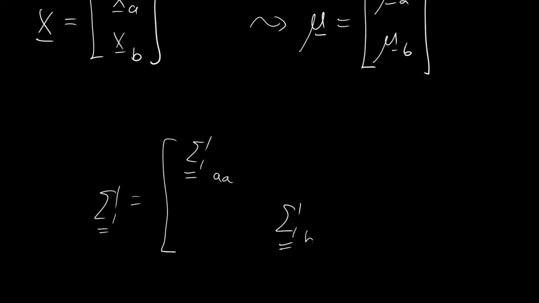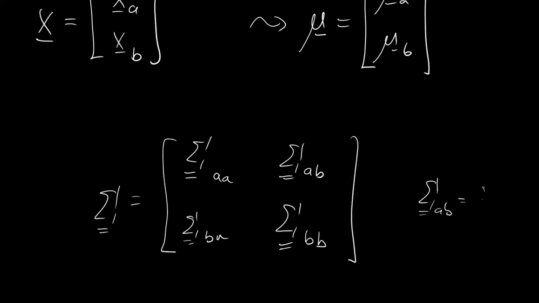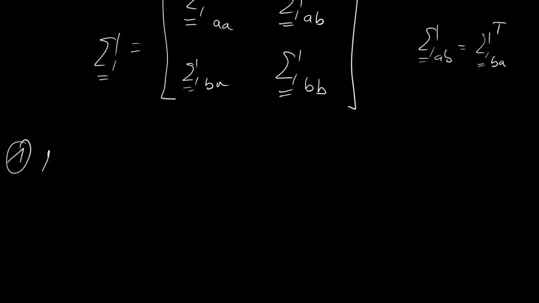Consequentially, we also have sigma BB, and we have sigma AB and sigma BA, and this is our 5x5 dimensional covariance matrix. It's symmetric positive definite, and based on this we can also say that sigma AB is sigma BA transposed. With this in mind, let us now start first with the marginal.